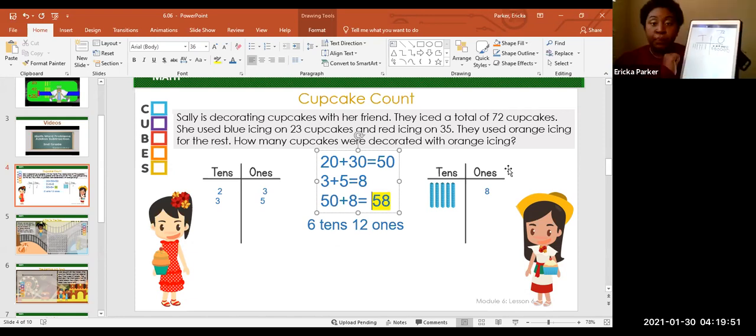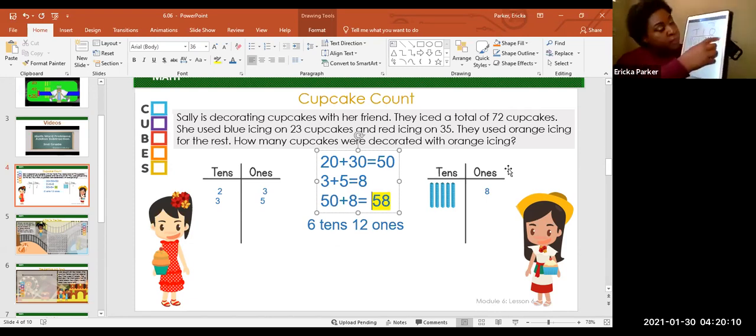All right. So we know now that we ought to take away some 1s. We need to look at number 58, which is highlighted on the screen. So let's go ahead and take away the 1s first, and then we'll work on the 10s. 1, 2, 3, 4, 5, 6, 7, 8.